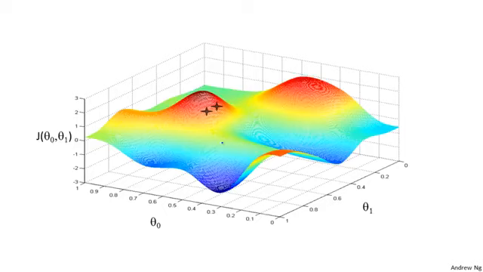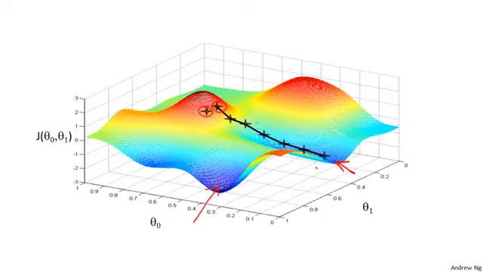If you were to repeat this process, so start from that point, look all around, take a little step in the direction of steepest descent, then look around, take another step, and so on, gradient descent would have taken you to this second local optimum over on the right. So if you had started at this first point, you would have wound up at this local optimum. But if you started at a slightly different location, you would have wound up at a very different local optimum. And this is a property of gradient descent that we'll say a little bit more about later.